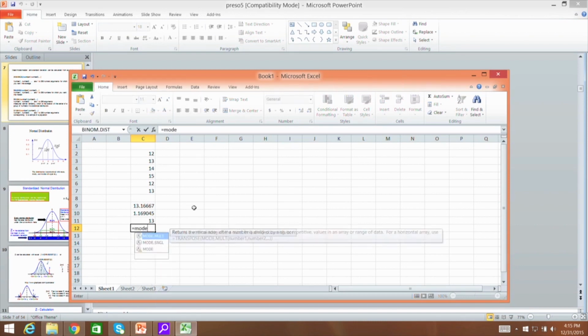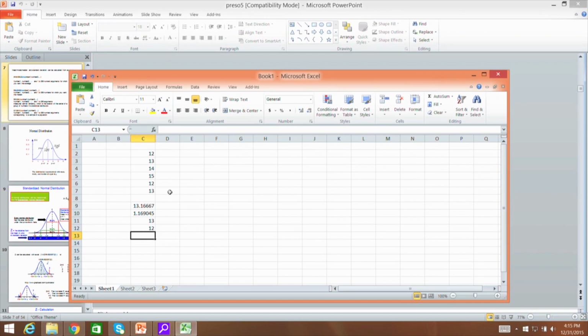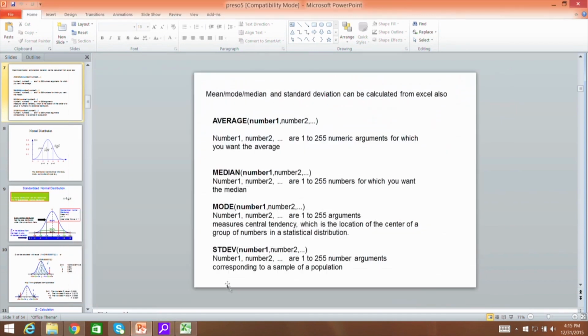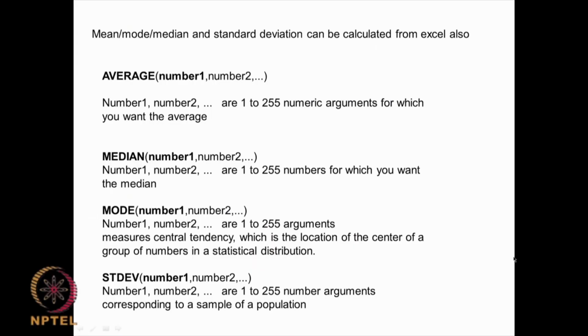Now mode is a central tendency, okay. So we have mode as 12 here, okay. So we have average or the mean here, we have the median here, we have the mode here, we have the standard deviation. So these are quite simple commands which Excel also has, and we can calculate all these in Excel also. It is very simple, okay.